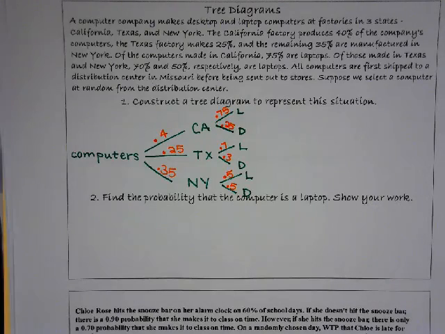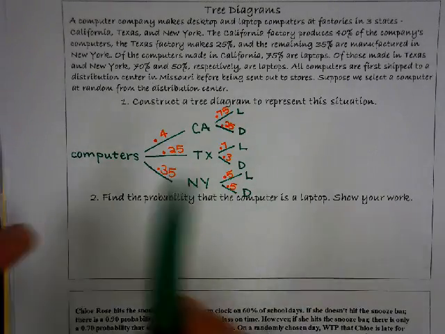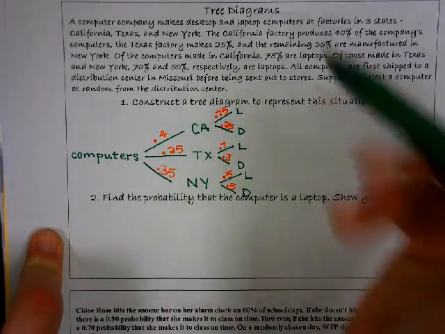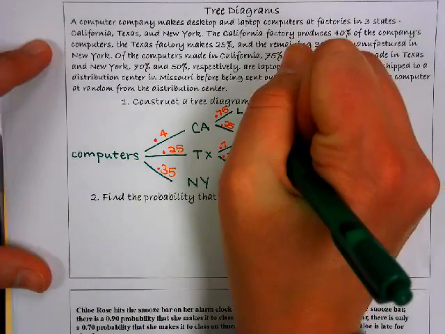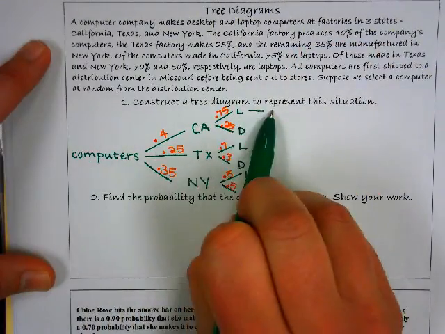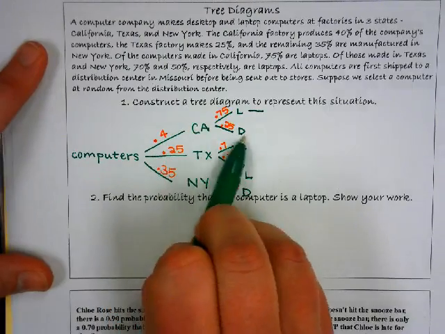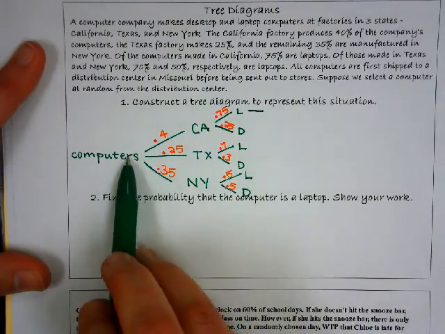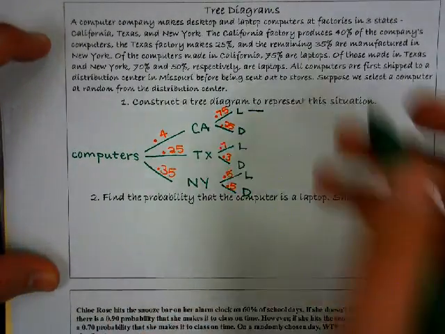And then at the very end of our tree, we're going to take the numbers on the branches and multiply them together so that we find the probability that a computer made in California is a laptop, a computer made in California is a desktop, Texas laptop, Texas desktop, New York laptop, New York desktop.